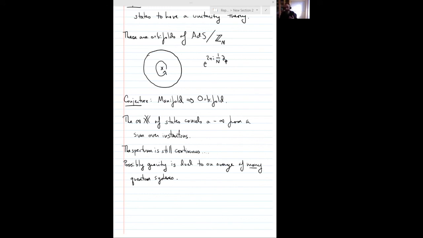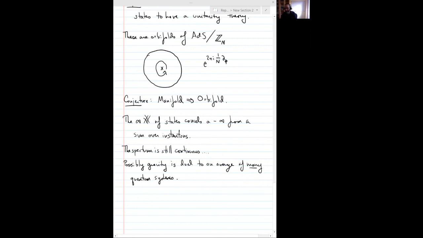But for other ensembles of matrices, you get other kinds of distributions. And so I think one very interesting suggestion is that the continuous density of states is not something that we should try and cure within our theory of gravity. Instead, we should interpret it as coming from an average over many quantum mechanical systems.